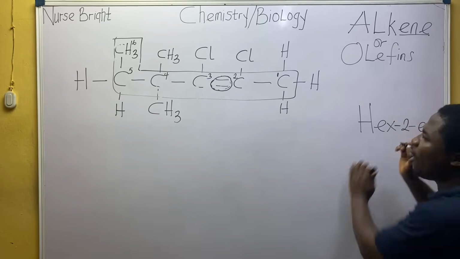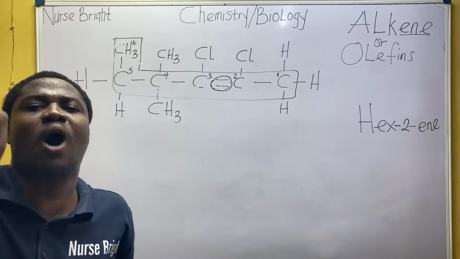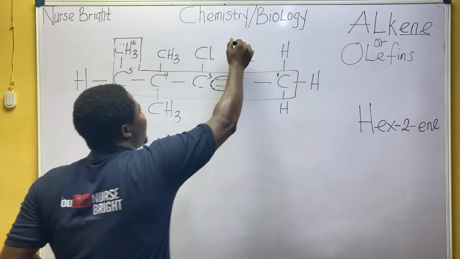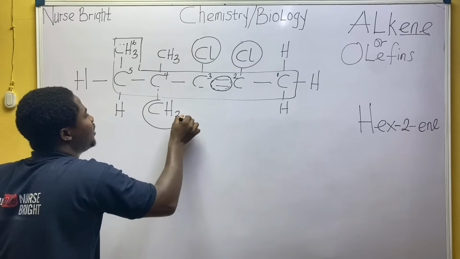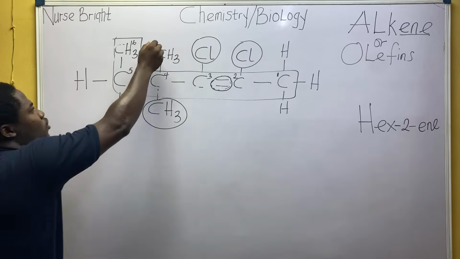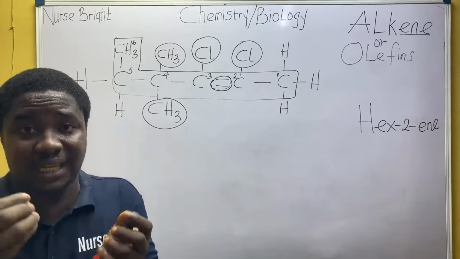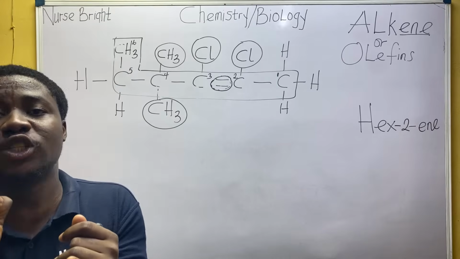Because basically, there are also branches. There are also substituents. You must give these substituents their correct position numbers. Let us identify: there is this substituent, there is this substituent, there is also this substituent as well. And also there is this. You can see these substituents are things that are not hydrogen.